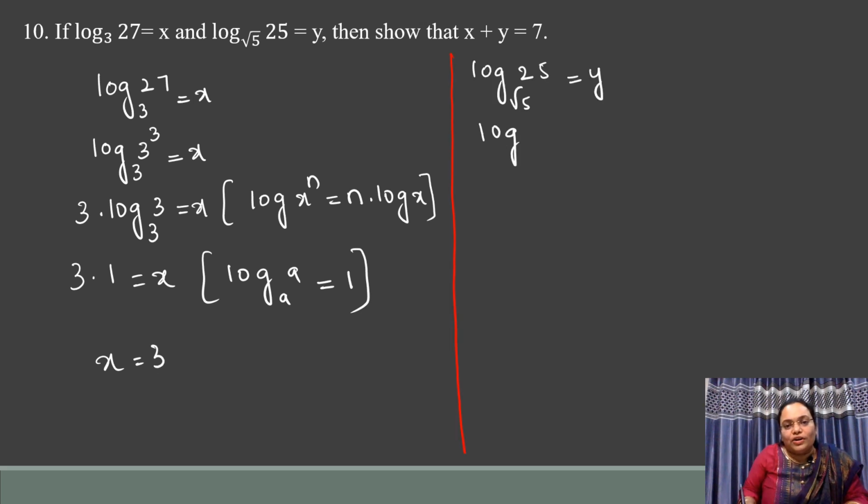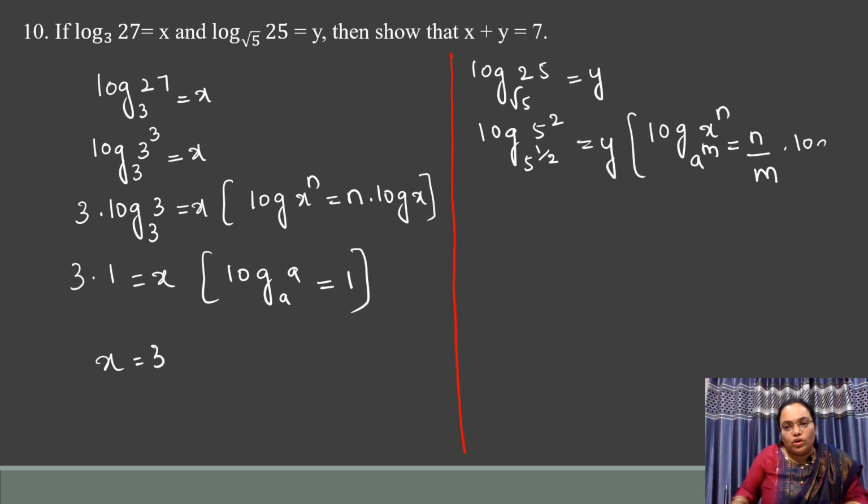So log 25 can be written as 5 square. Root 5 can be written as 5 power 1 by 2 is equal to y. So we have a formula, log x power n to the base a power m is equal to n by m into log x to the base a.